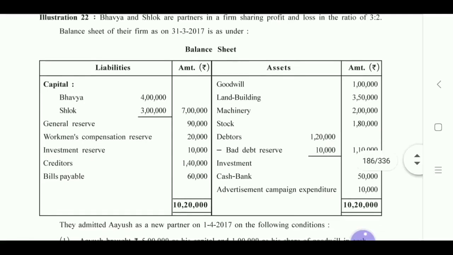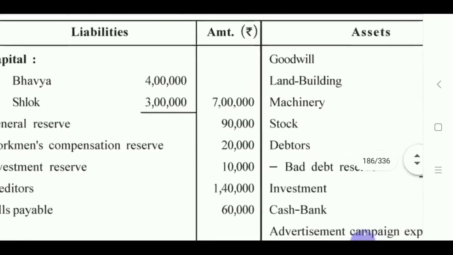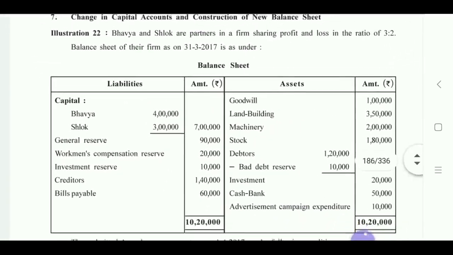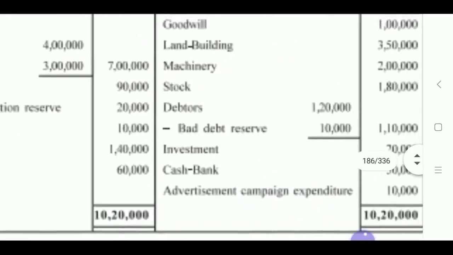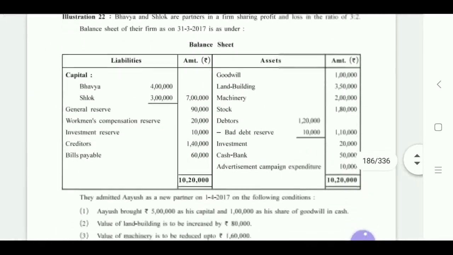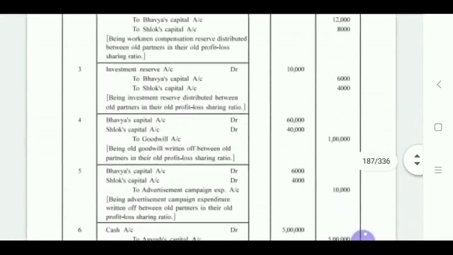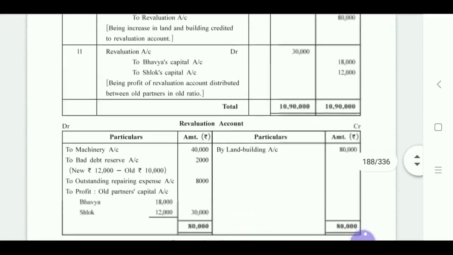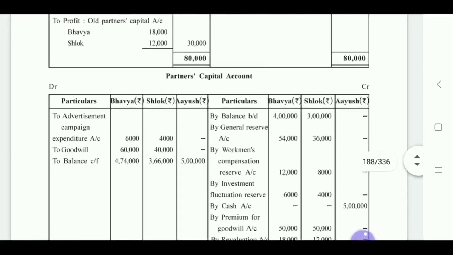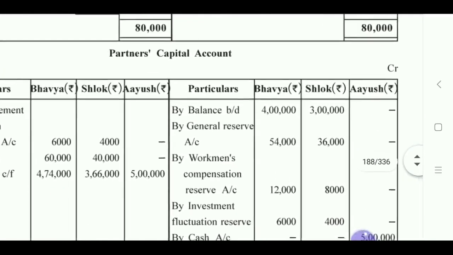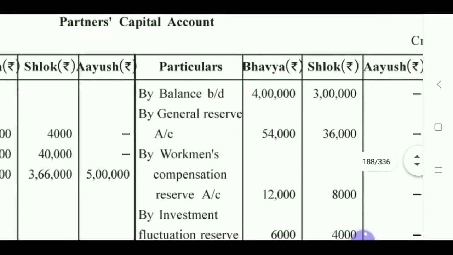After doing that, the third step is that you are supposed to write the opening balances of capital and cash and bank. Let us see. We have the partners' capital account. See, I have written the opening balance of partners' capital here.